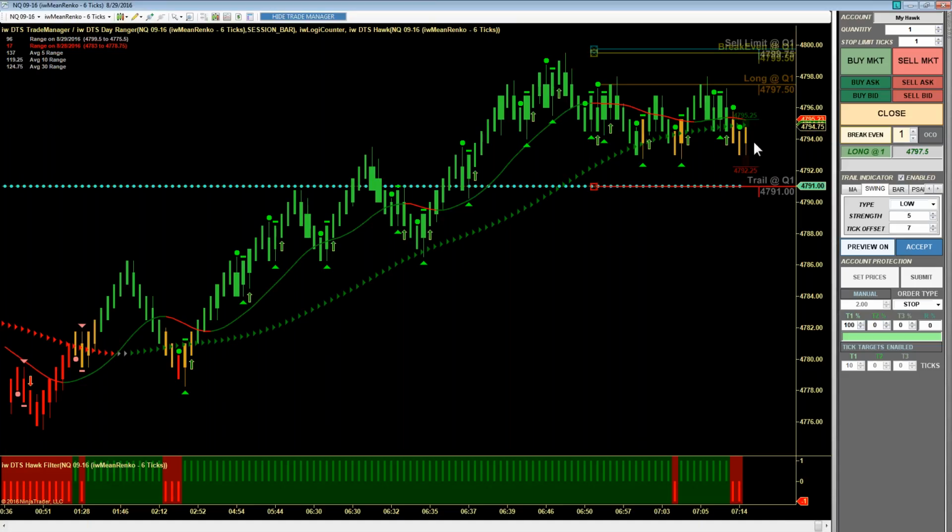Come on, give me a bullish bar here, and it'll make me feel a whole lot better about keeping my stops this close. Yeah, this overlap that we get, it's brutal.